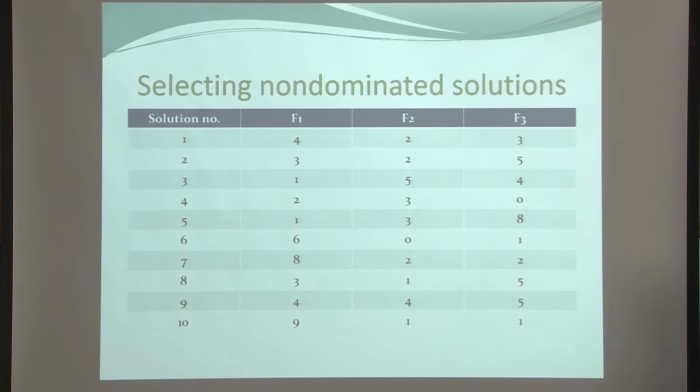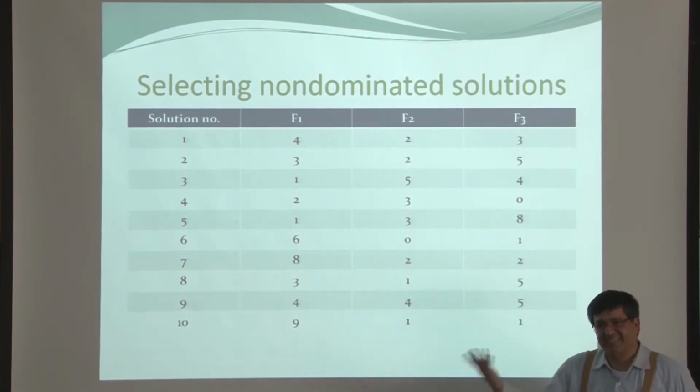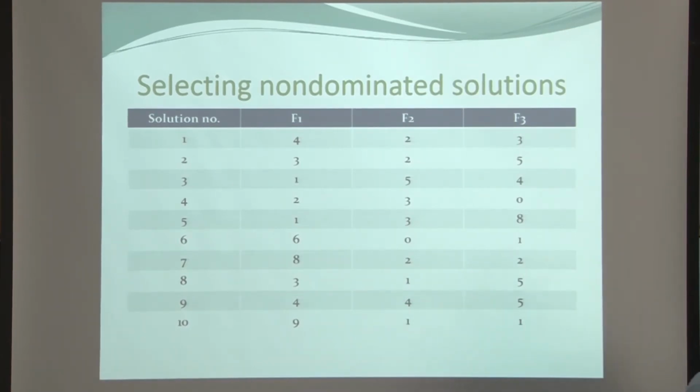It's non-dominated, so we add it to the set. So we have now 1, 3, and 4. So this is where you see that it's not reflexive, right? Because you measure this in one direction, and then you measure in the other direction. Sometimes it's non-dominated in the two directions. So, okay, now we move to solution 5.